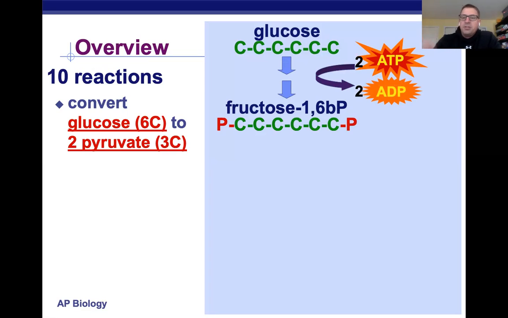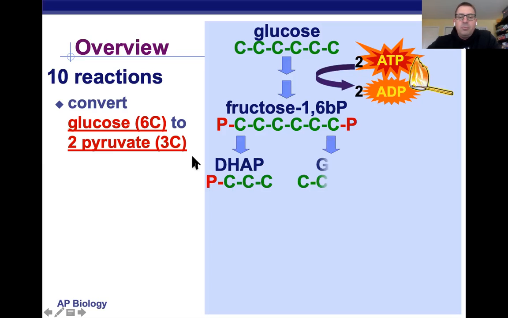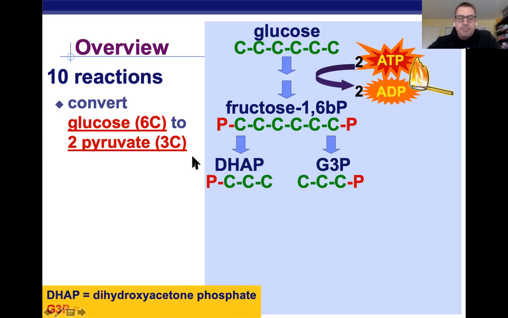It's going to transfer phosphate groups from ATP onto glucose in order to destabilize the molecule so it's easier to break it apart. Of course, what kind of enzymes are needed to transfer phosphate groups from ATP onto our organic compounds in cellular respiration? Right, kinases. So we're going to convert glucose to those 2 pyruvic acid molecules.